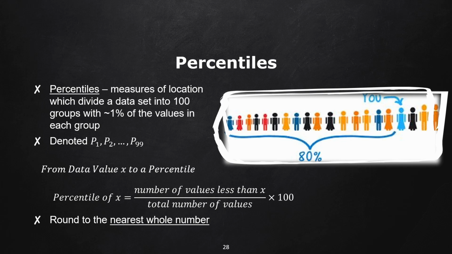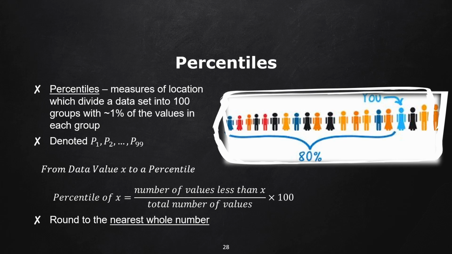They kind of divide certain sections up depending on how we want to chop the group. And underneath here, we have one formula. This is to go from some data value x to its actual percentile.